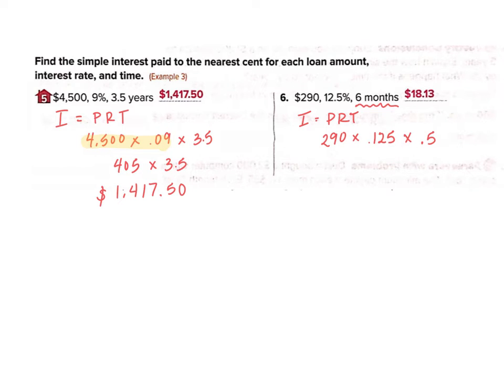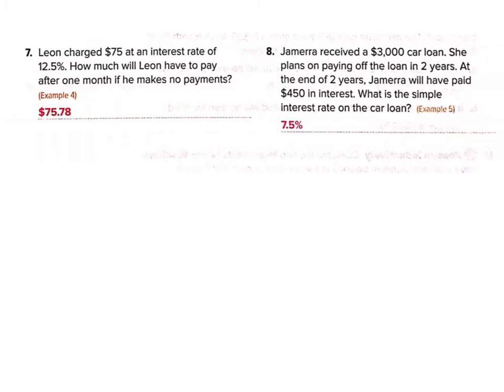If I take this in chunks, I first multiply 290 times 0.125, which gives 36.25, times 0.5, so we're just cutting that in half. And we get 18.125, or when we round that, $18.13 of interest accumulated.